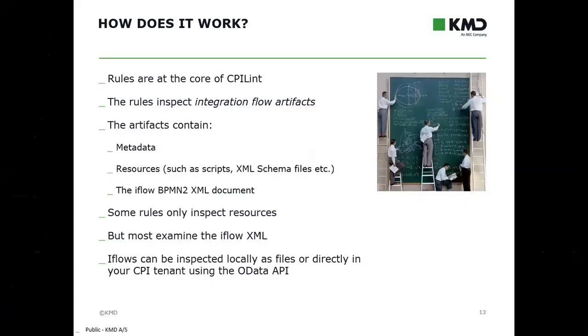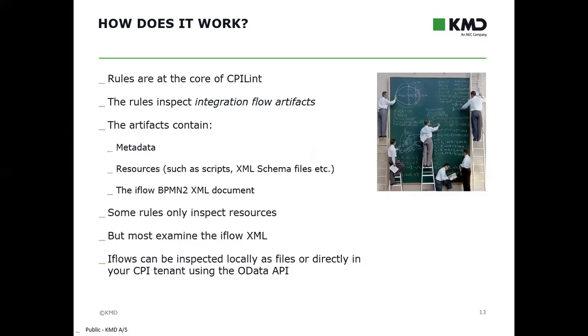Okay, so let me expand a bit on how it actually works. The rules are the central part of CPILint, and what they do is inspect integration flow artifacts. The integration flow artifact is what gets created behind the scenes when you build a new iFlow in CPI, right?